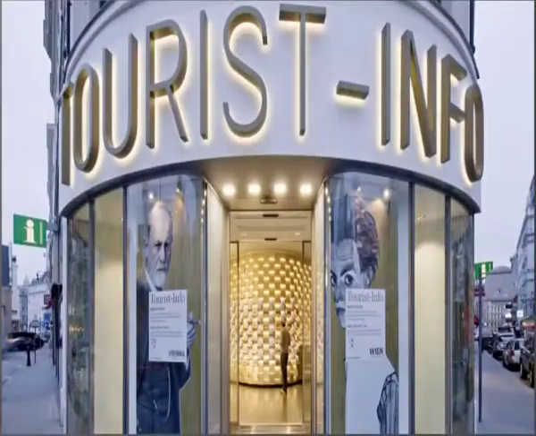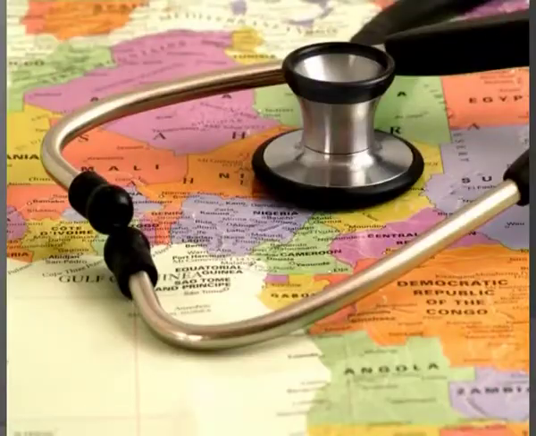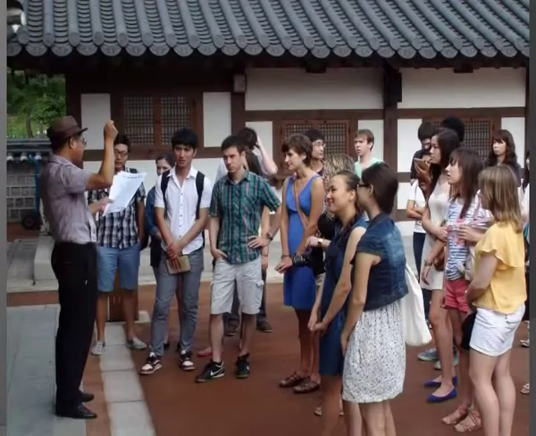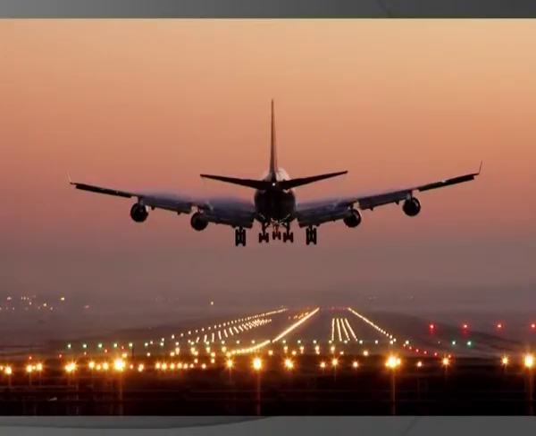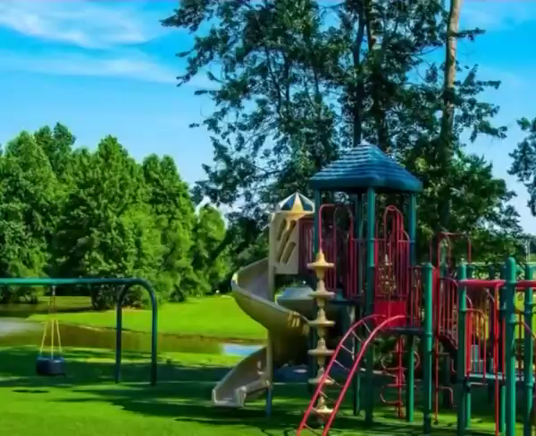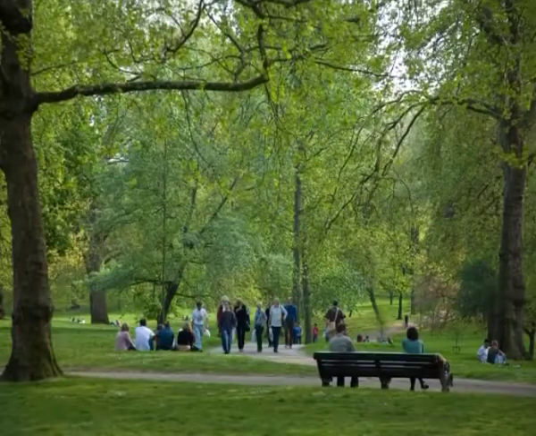Services. There are various services that support tourism and enhance the value of tourism products and travel experience. These services can be information, bookings, health, customs, security, guide services, translators, travel advisors, insurance, etc. Infrastructure. Tourism cannot work without proper infrastructure to support roads, airports, telephones, health centers, parks and other public utilities.